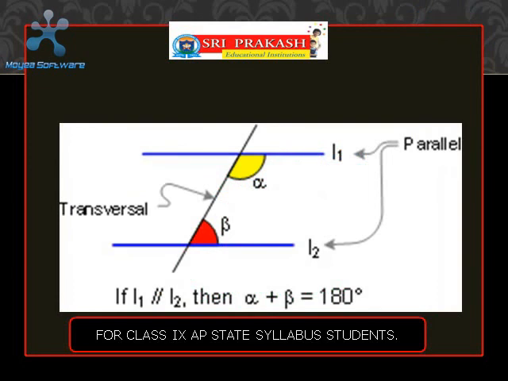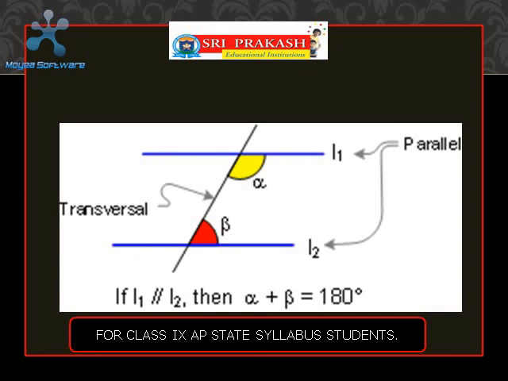Now let us try to identify interior angles on the same side. Here it is given line L1 and line L2 are parallel, and this transversal line cuts these two parallel lines.